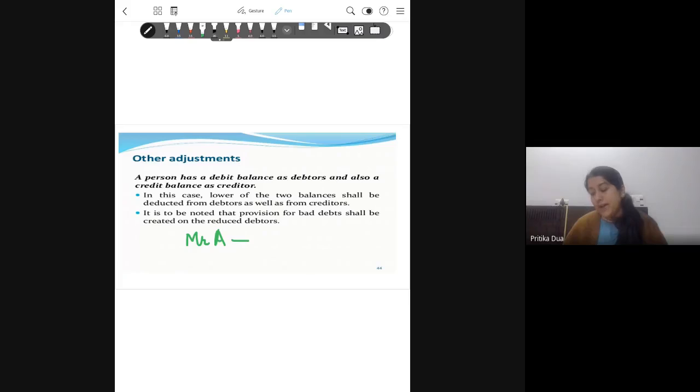Now he has to pay 2,000 to the business and the business को उसमें 2,000 रुपए पे करना है. तो यहाँ पर वो डेटर है बिजनेस का for 2,000 rupees and he is also a creditor for an amount of 1,000 rupees.